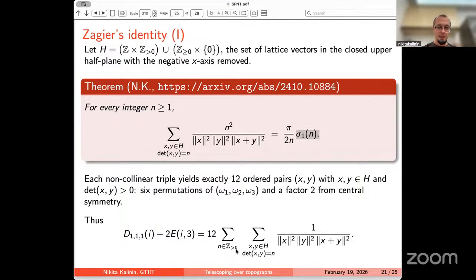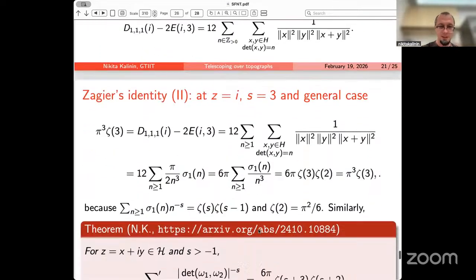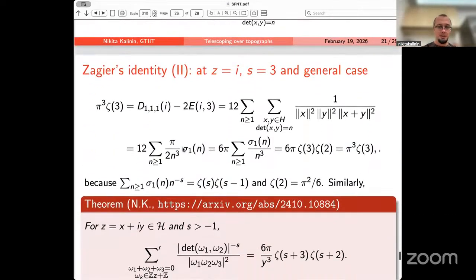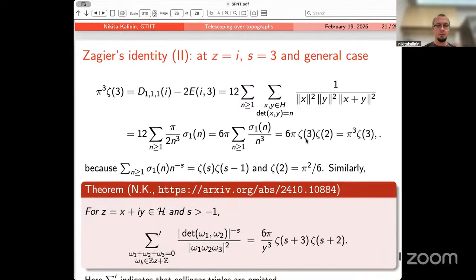If you subtract it, you have exactly this constant times the sum over all n of such a sum over lattices of area n. We already know this formula, so we just need to substitute it here. You substitute it, and you have sigma 1 of n divided by n cube. So you know that zeta of 3, zeta of 2.